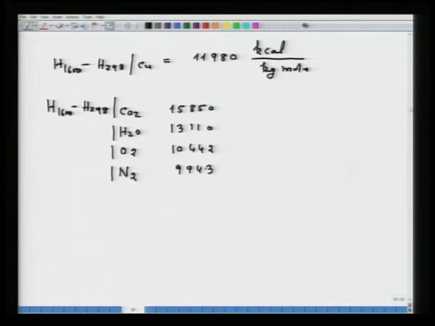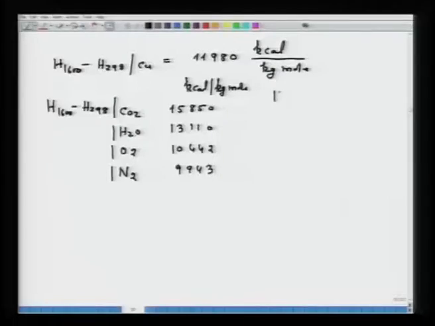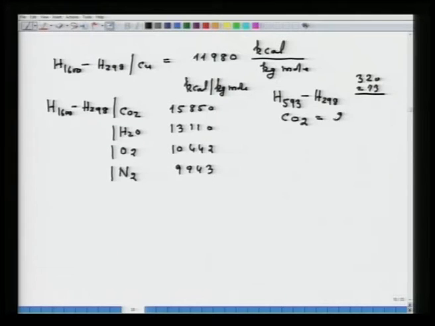This is given in kilocalorie per kg mole. Now, the flue gases after the waste heat boiler are being discharged at 320 degrees Celsius. So, these values are given, H 320 plus 273, that is 593 minus H 298. These values are given again for CO2, that is equal to 2965.